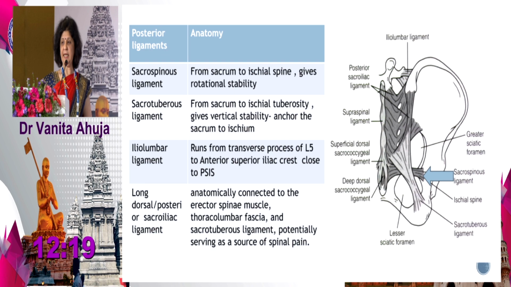The second is the sacrotuberous, which goes from the sacrum to the ischial tuberosity. Then the iliolumbar, which starts from the transverse process of L5 and goes to the iliac crest. And one more which has now caught everyone's attention is the long posterior sacroiliac ligament, which is connected to the erector spinae muscle, the thoracolumbar fascia, and the sacrotuberous ligament.